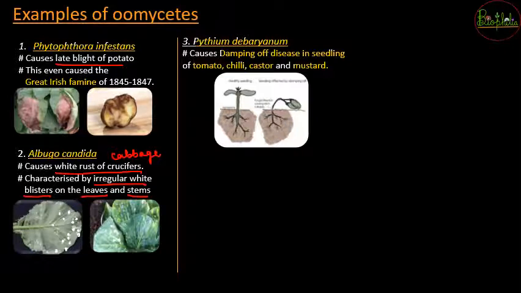In normal conditions there is going to be an upright stem, as you can see here. But as soon as this fungus causes damping off, the stem is going to turn, and once it turns it will start to grow underground. As soon as it grows underground, it is going to die, and again that is a problem for the farmers because it is not going to help in the growth of the plant. At the young seedling stage itself, it is going to destroy the entire production of the field.